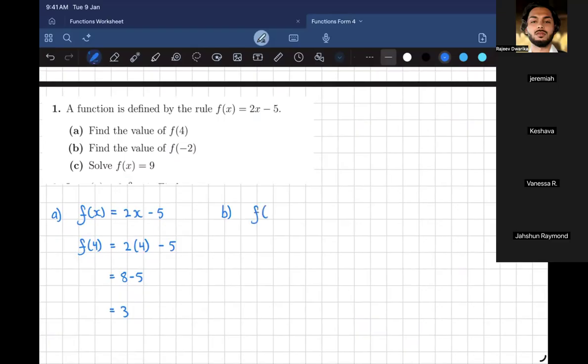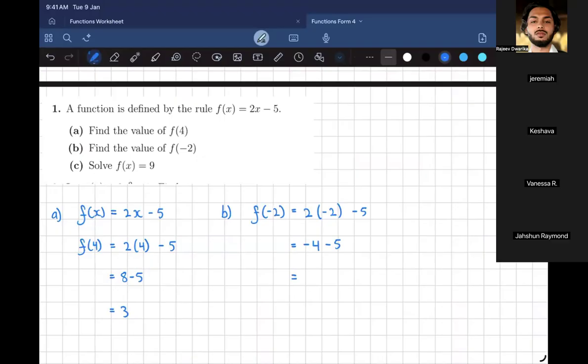So I'm going to write f of minus 2, and I'm going to write 2, and in brackets, I'm going to put minus 2, minus 5. Do you know what 2 multiplied by minus 2 is? -4. -4 minus 5. What's -4 minus 5?